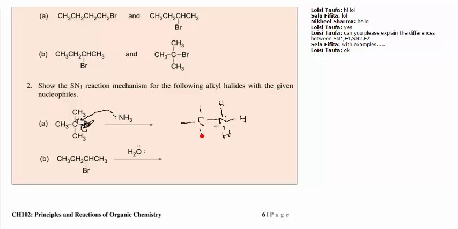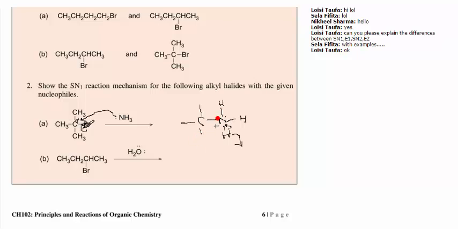Since nitrogen is more electronegative, and all electronegative atoms would prefer to have a negative charge on them instead of a positive charge, what happens in the third step is that these bonding electrons will get donated to the nitrogen and the hydrogen is going to leave.